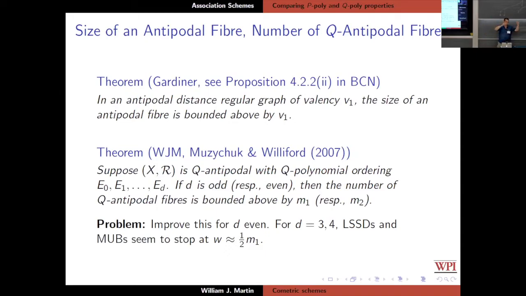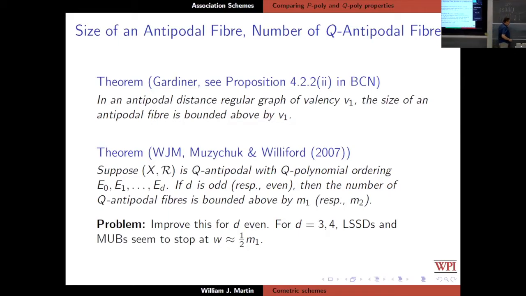So we have to switch between, in primitive world, distance regular graph, like for example, let me use the board again, the line graph of the Peterson graph, we have 5 antipodal fibers. Now the dual object, we would look for a Q-polynomial scheme with 3 Q-antipodal fibers of size 5.